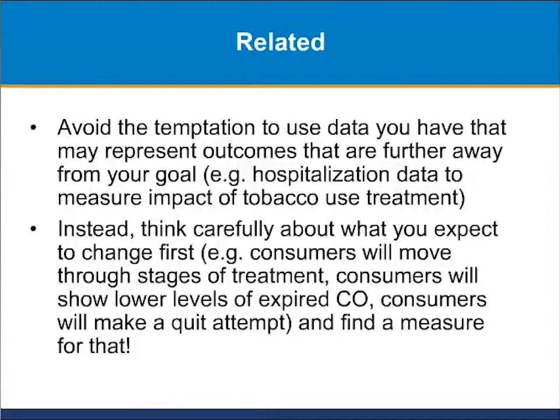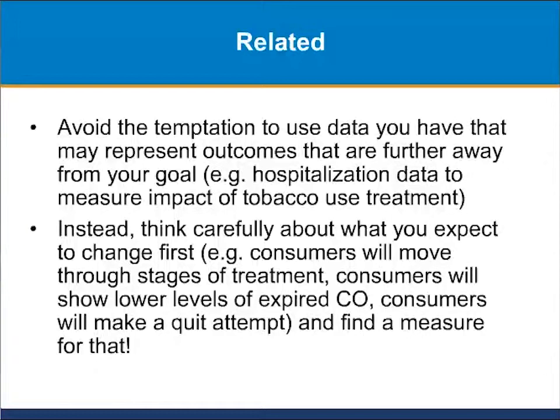So the final piece of choosing a measure is whether it's related. I think there's always a temptation to use data that you already have that might represent outcomes that are further away from your goal. So for example, you can imagine that people who reduce their tobacco use may have decreased ER visits or hospitalizations due to some of the health conditions that can be brought on by tobacco use.